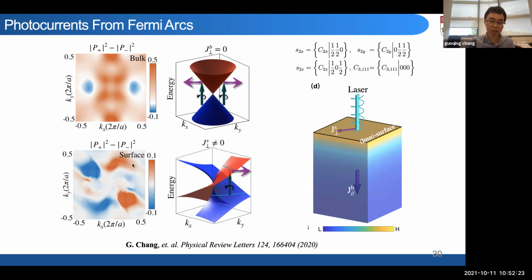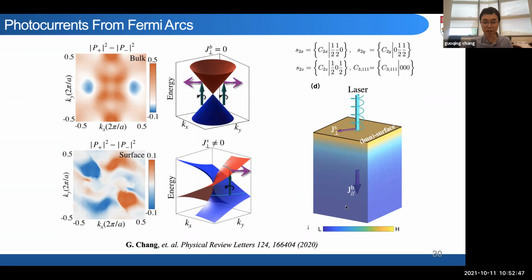So from here to here, you can see this distribution of light absorption is fully different from the bulk. Using this cartoon, we can only excite one side of the Fermi arc structure and inject a net photocurrent which is in the plane of the surface. In this way, we use the crystalline symmetry to fully disentangle the surface and bulk photocurrents.